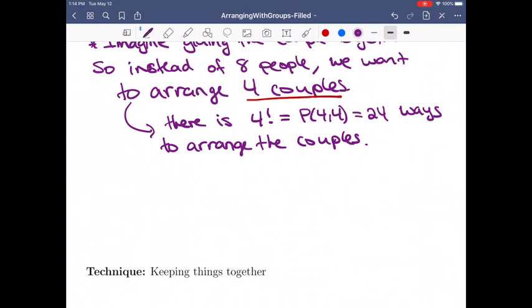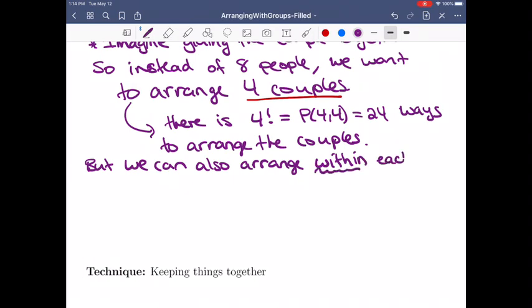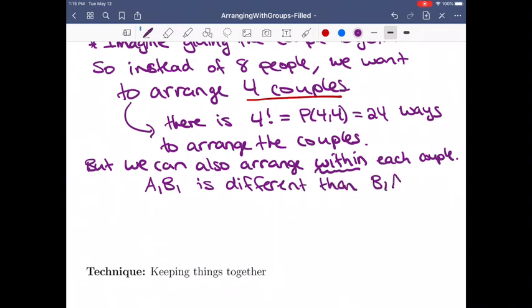But we can also arrange within each couple. Okay, so if the couple stands, let's say couple 1, if they stand A1, B1 is a different arrangement than B1, A1.